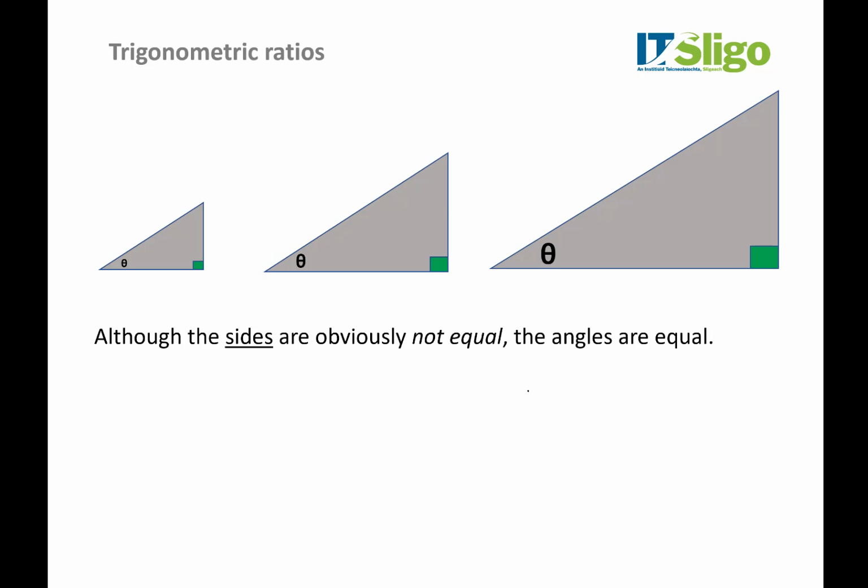And the reason for that is because the ratio between A and B, if I label each side A and B, A over B is the same for each triangle. Or A over C for each triangle, or B over C. So this is the beauty of the trigonometric ratios, it doesn't matter the size of the triangle. All that matters is that we know two of these three sides.